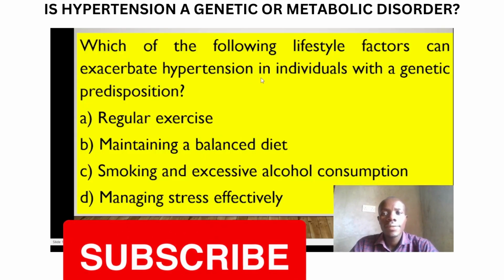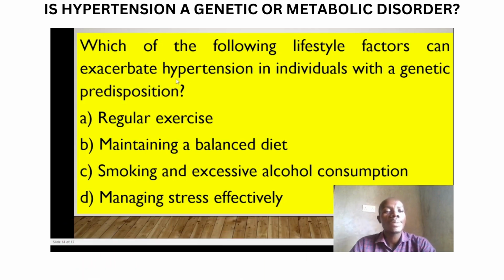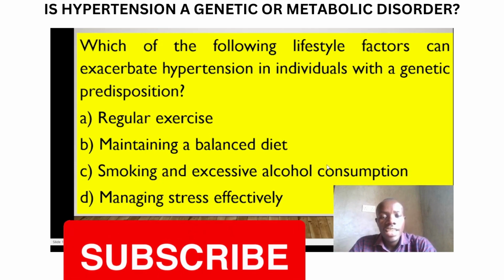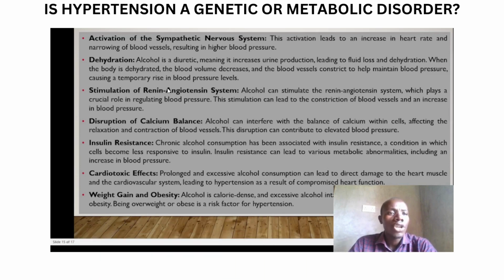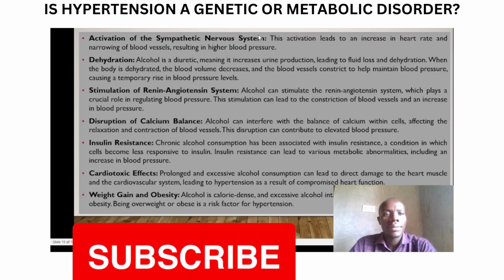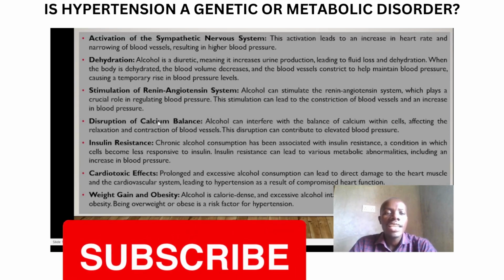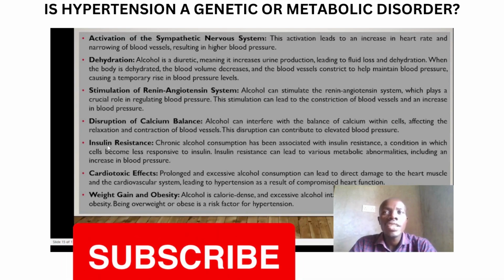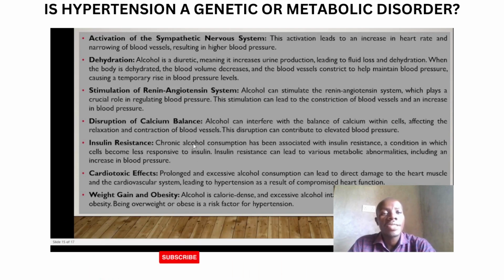So which one of the following lifestyles can exacerbate hypertension in individuals with a genetic predisposition? Smoking and excessive alcohol consumption. So alcohol consumption normally activates the sympathetic stimulation, leads to dehydration, stimulation of the RAS system, it disrupts the calcium balance, it leads to insulin resistance, it can lead to cardiotoxic effects, and also can contribute to weight gain and obesity.